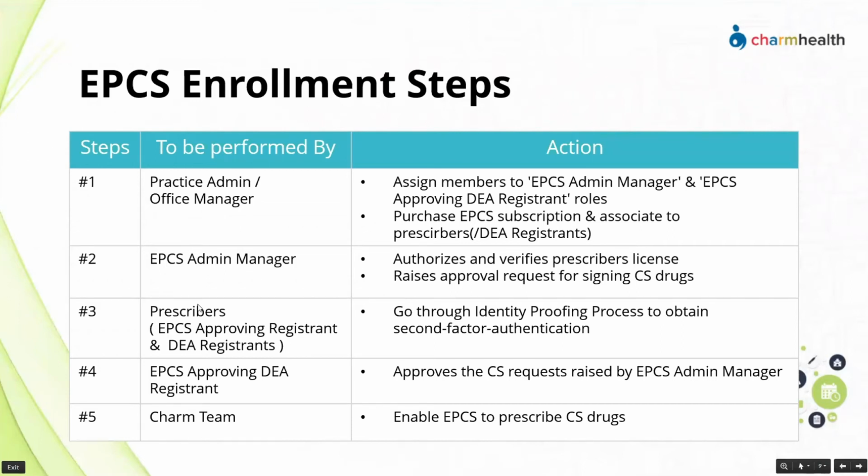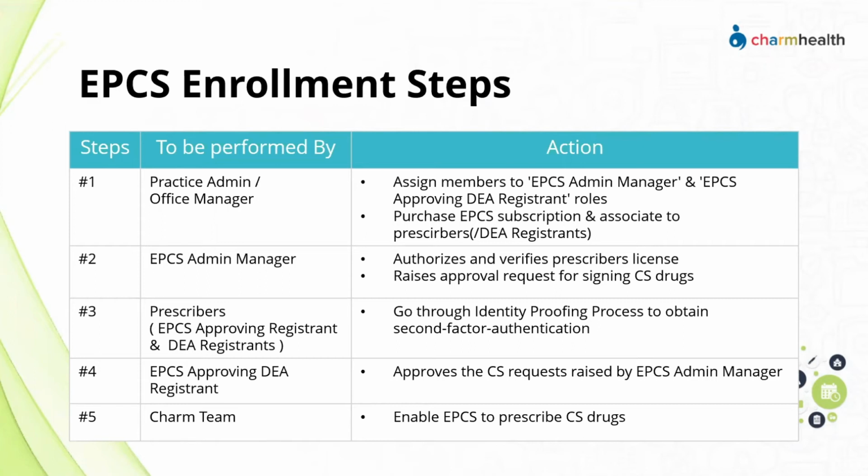Once that's done, the prescriber will go into the registration process and go through an ID proofing process through ExoStar to obtain second factor authentication. Usually this identity proofing step is going to be your financial information. They're going to ask you things like, have you ever had a mortgage in this state, or choose from the states below which you've had a mortgage of. You had a car payment or a car loan in 2012.